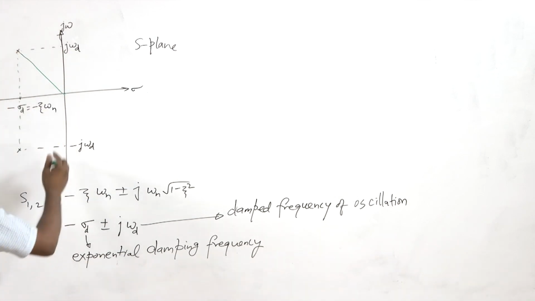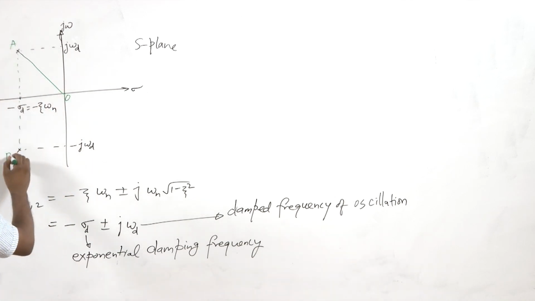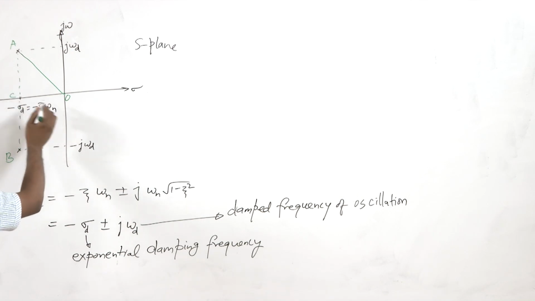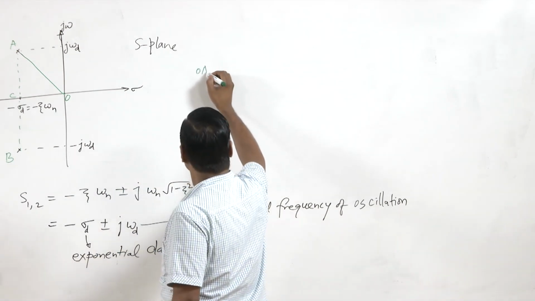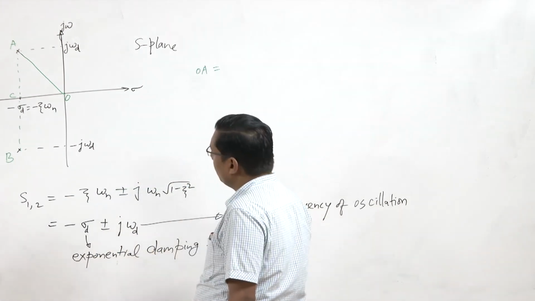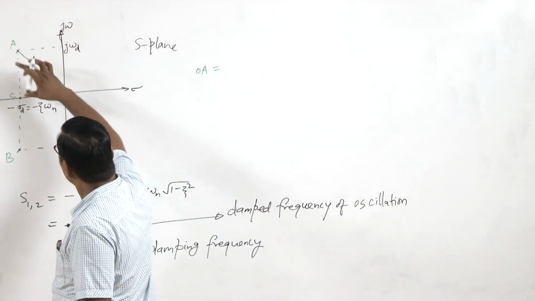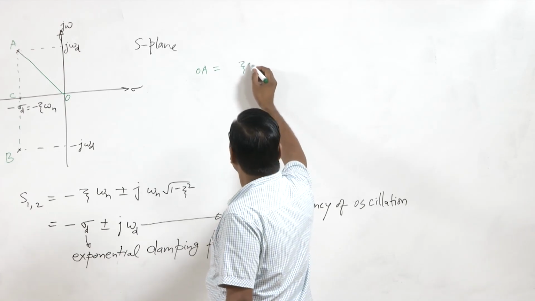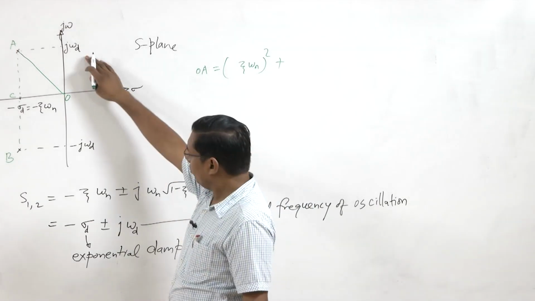So let us say this is O, this is A, this is B, this is C. So OA square equal to this square plus this square. So zeta omega n square plus omega d square.